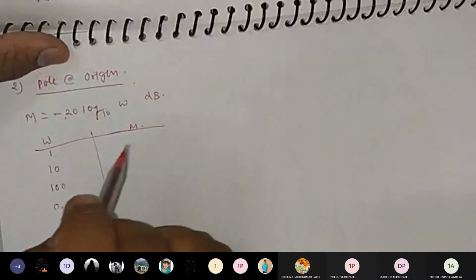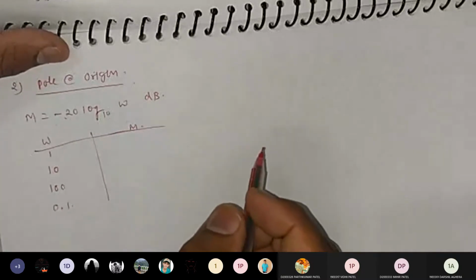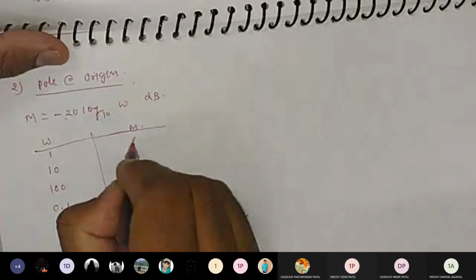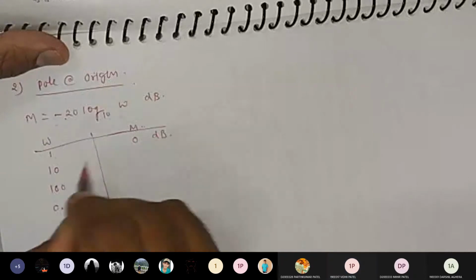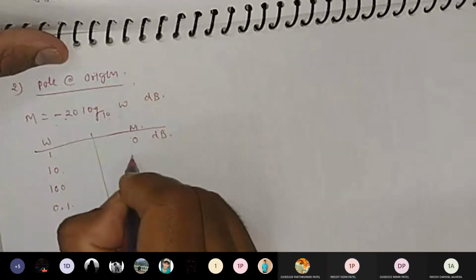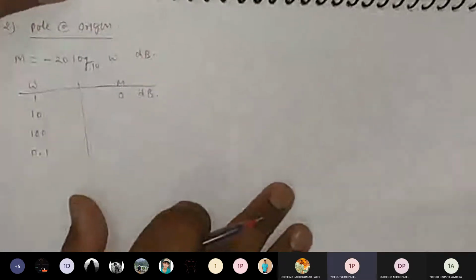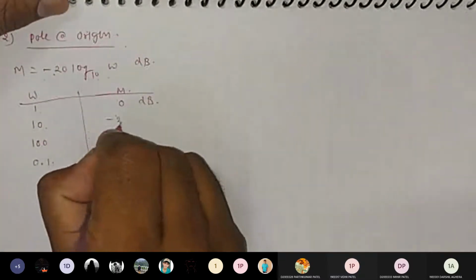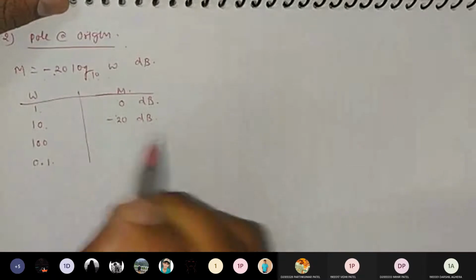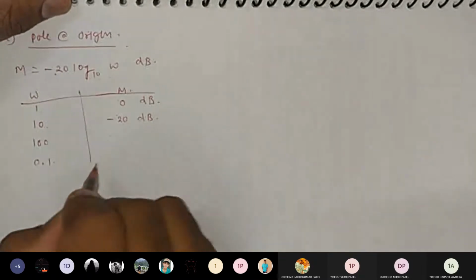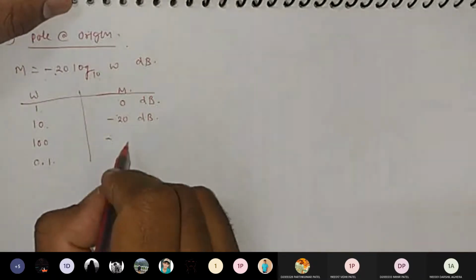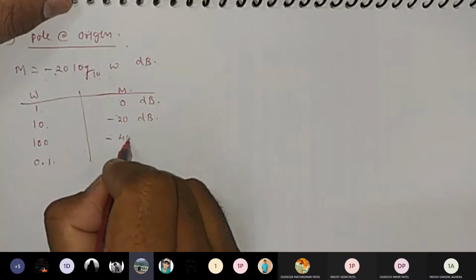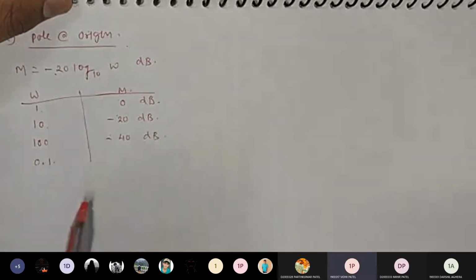Minus 20 log 1. What is the answer? 0. For 10, minus 20 log 10, minus 20. For 100, minus 40. For 0.1, minus 20 log 0.1, which is 20.